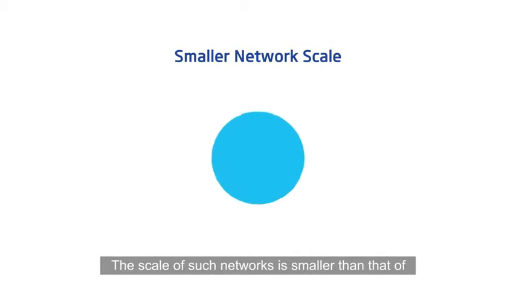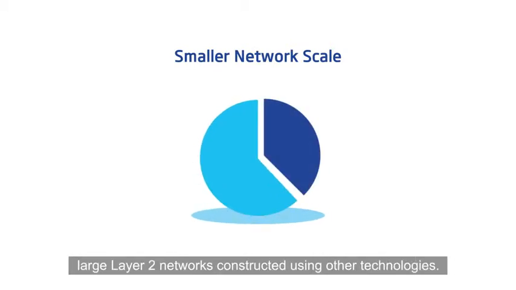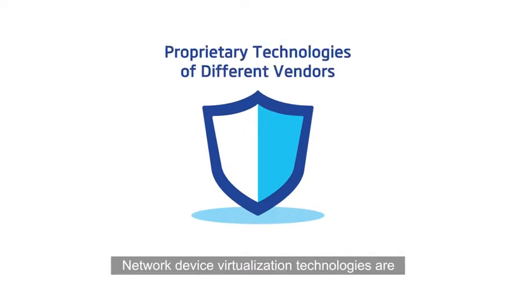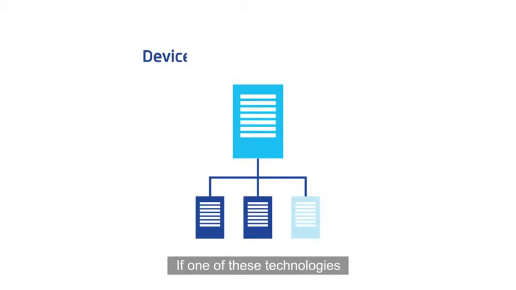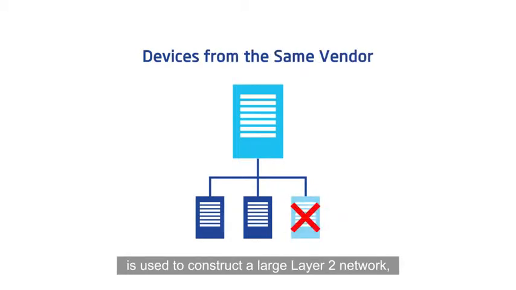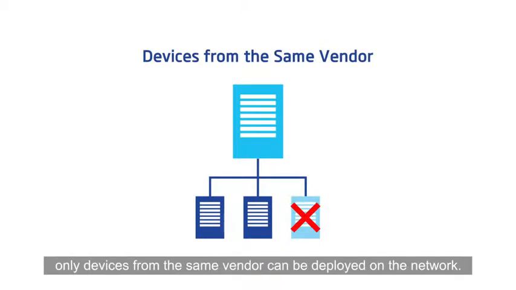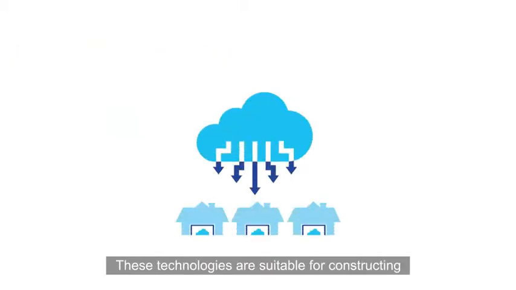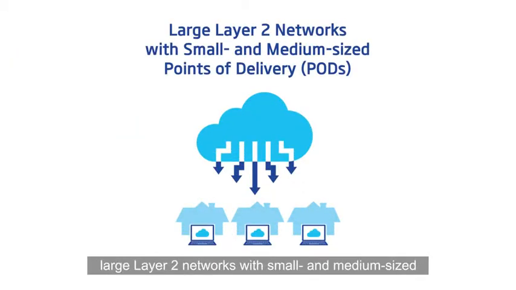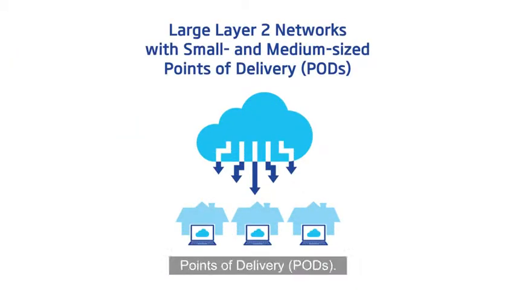The scale of such networks is smaller than that of large Layer 2 networks constructed using other technologies. Network device virtualization technologies are proprietary technologies of different vendors. If one of these technologies is used to construct a large Layer 2 network, only devices from the same vendor can be deployed on the network. These technologies are suitable for constructing large Layer 2 networks with small and medium-sized points of delivery.